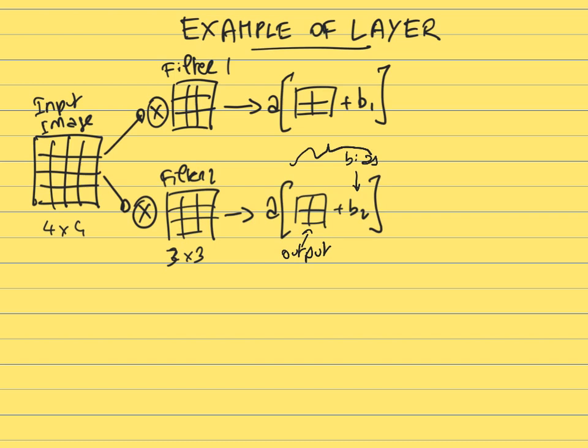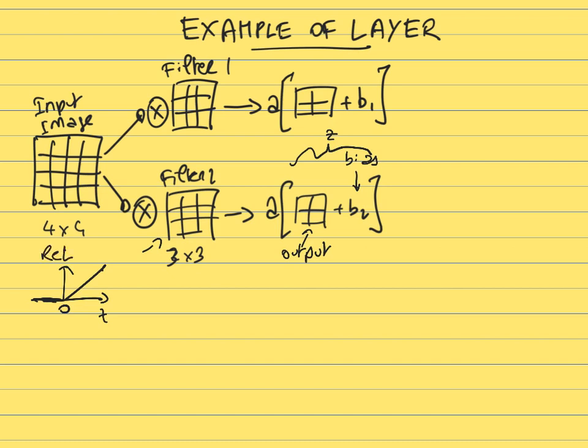Here the weights correspond to the values of the filter. You add the bias. This corresponds to the quantity z that we saw in the artificial neural network. And then you feed this value z to the activation function, where the activation function, for example, can be the ReLU function, which is equal to 0 when z is negative, and is equal to z when z is positive.